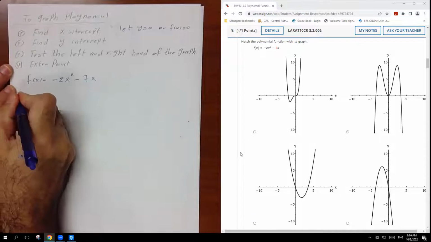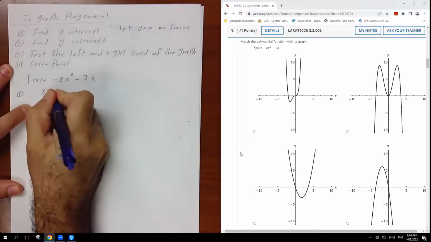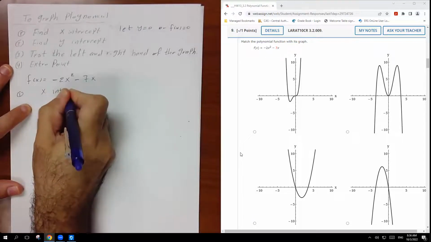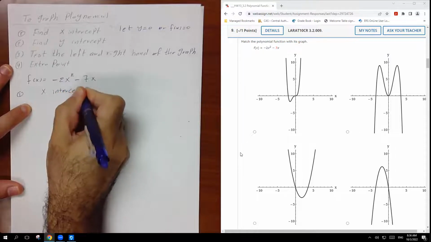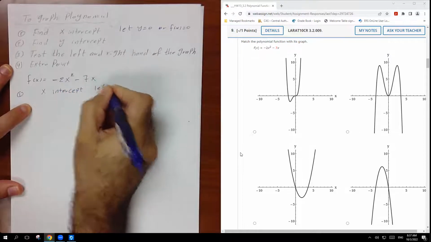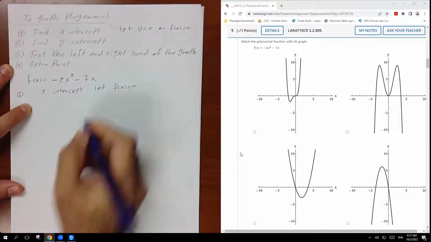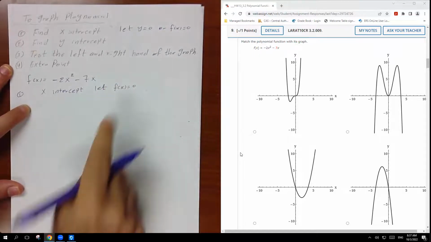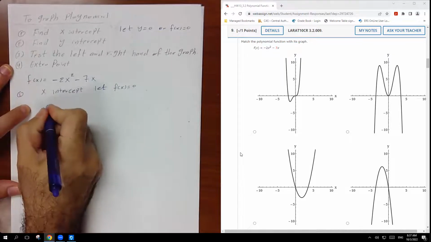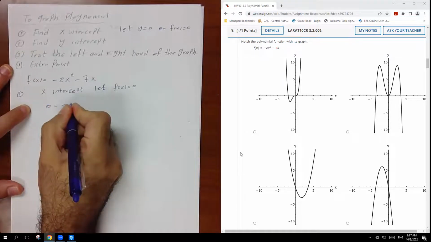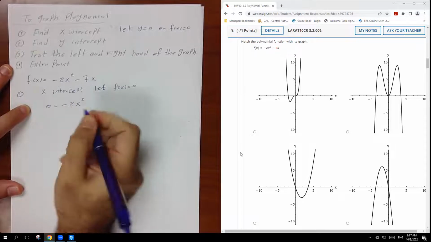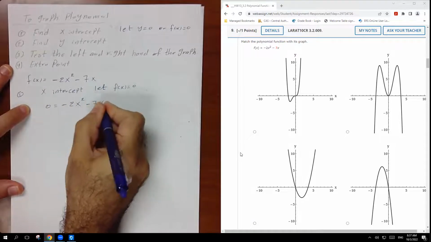So this is step 1, x-intercept. We let f of x equal 0, so 0 equals negative 2x squared minus 7x.